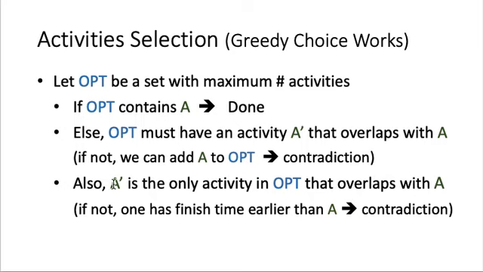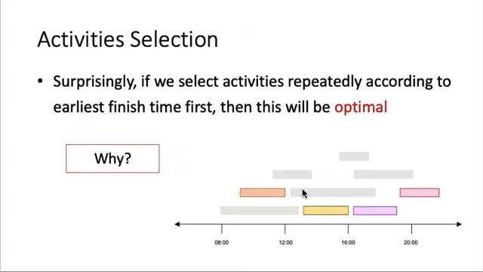And moreover, this A prime is the only activity that can overlap with A. It is because if there are two activities, let's take a look at this one. This is the A that we have in this example. If there are two activities overlapping with this one, then one must look something like this and the other must look something like this, right?